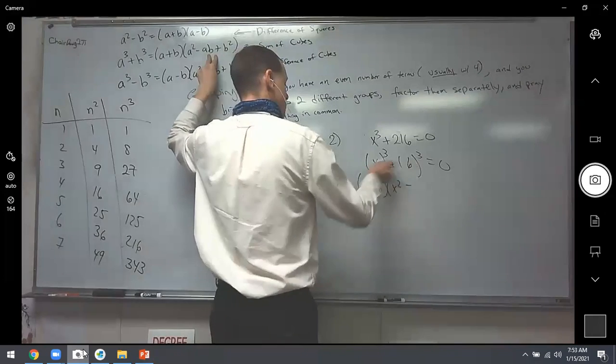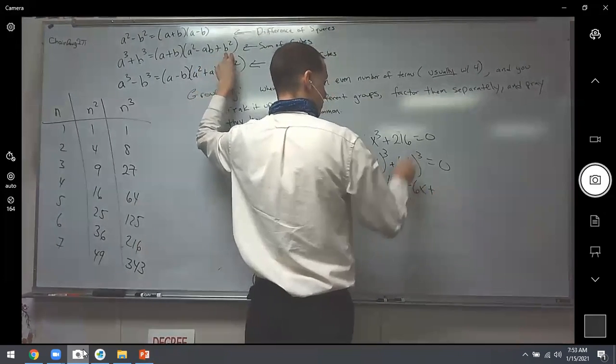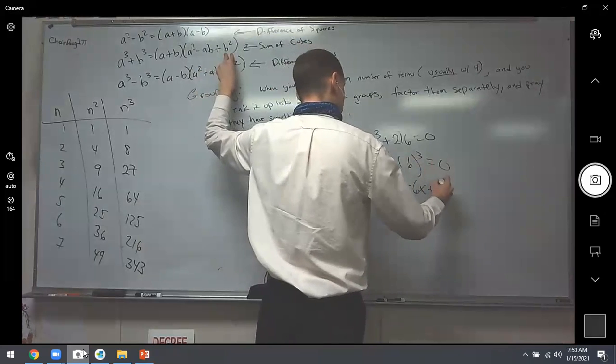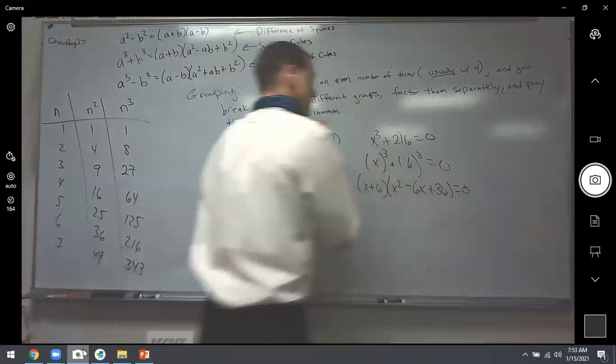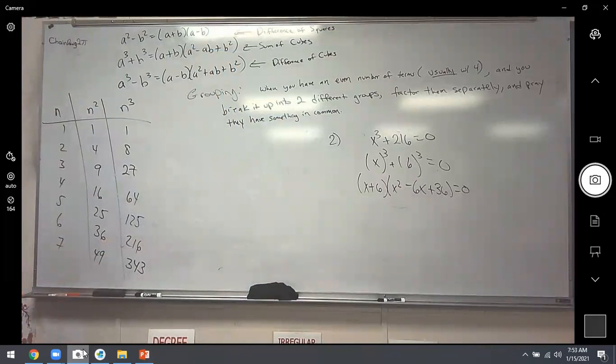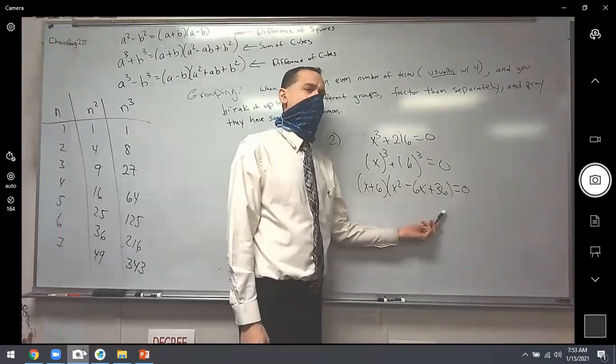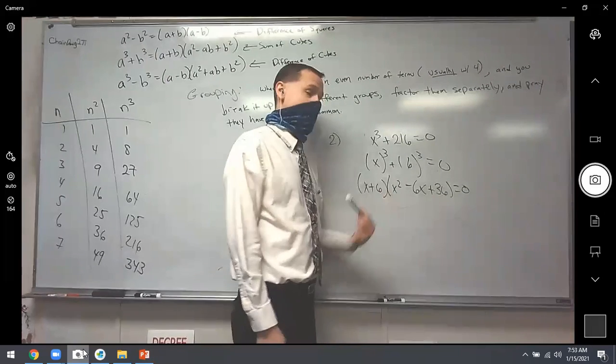So one was x and one was 6, so minus 6 times x. And then plus whatever that number b squared is, b was 6, and 6 squared is 36. Okay, great. So let's see what we got here. Can we factor the next one? Let's see if we can. Can anybody think of 2 numbers that multiply to be 36 and add to be negative 6?